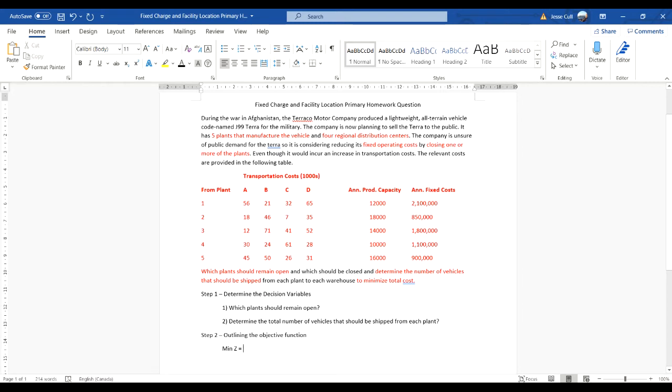So already we see we're going to have 20 different decision variables.